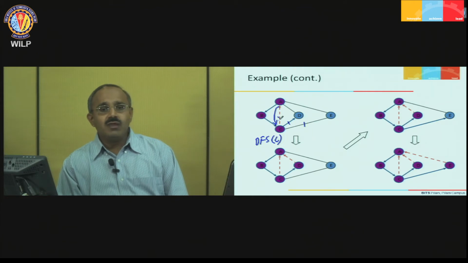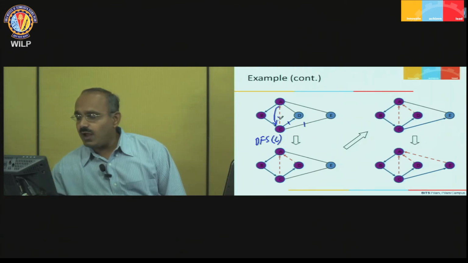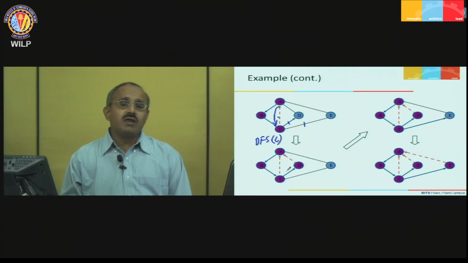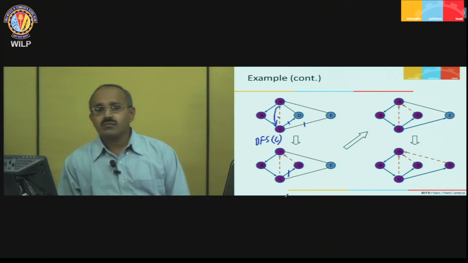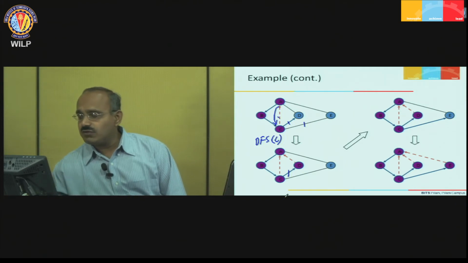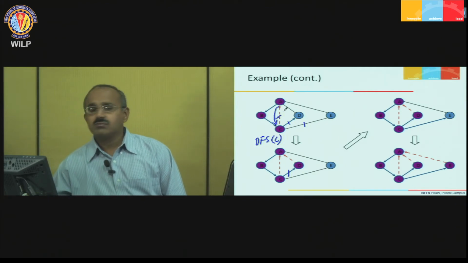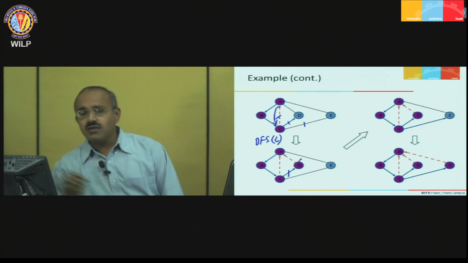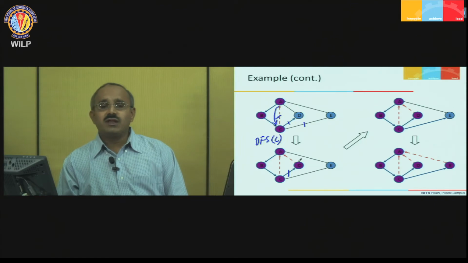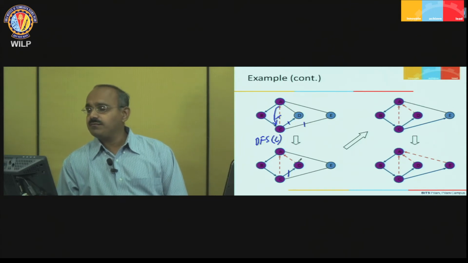You backtrack to D from where you had reached A and take the next unexplored edge incident on D, which is this. So, this is a back edge because it takes you back into the search. This is a discovery edge because it leads to a vertex which was not visited earlier.